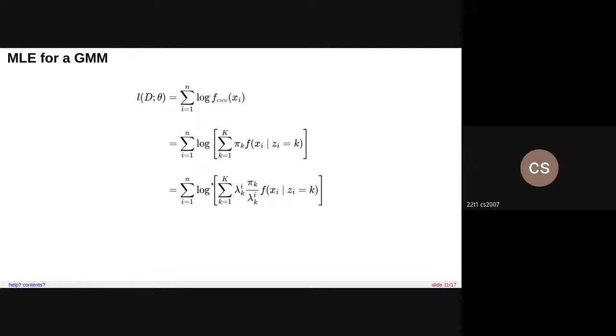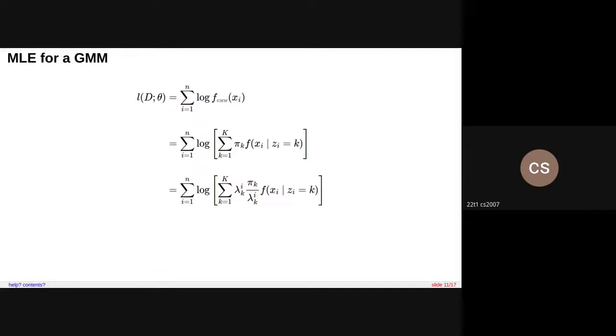We are introducing them because we find this sum inside the logarithm troubling. Okay, so sum of logs is fine. They are easy to differentiate and so on. But log of sums is kind of a tricky thing, right? We have only seen so far how to work with sum of logs.